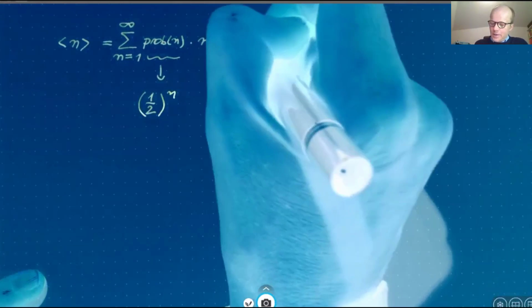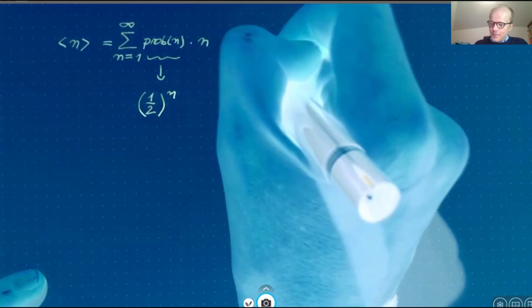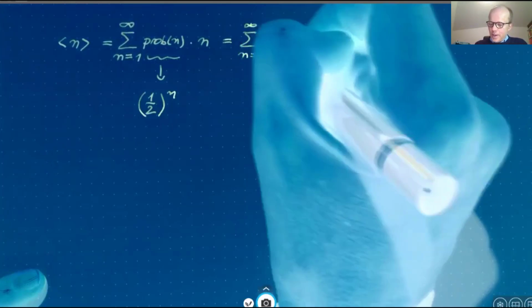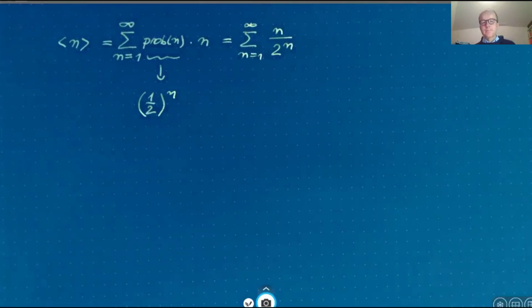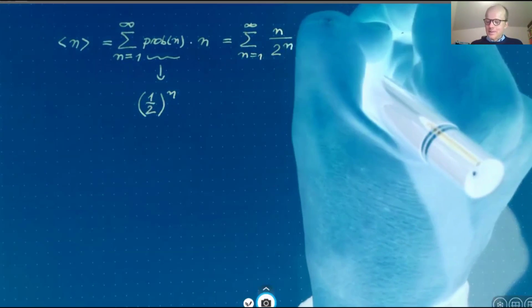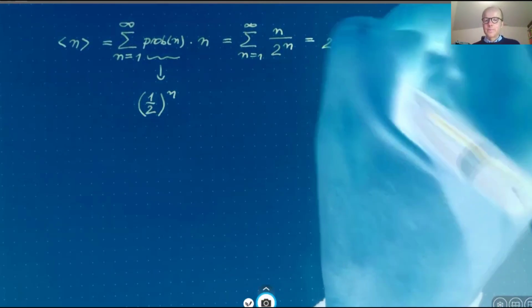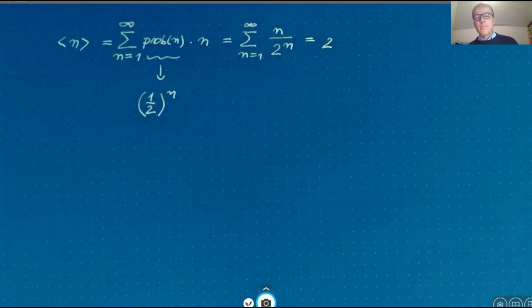So you have here the formula, it's n divided by 2 to the power n, sum over all n. And you can convince yourself, it's just a little mathematical exercise, that this sum is equal to 2. So the expected number of iterations is 2.